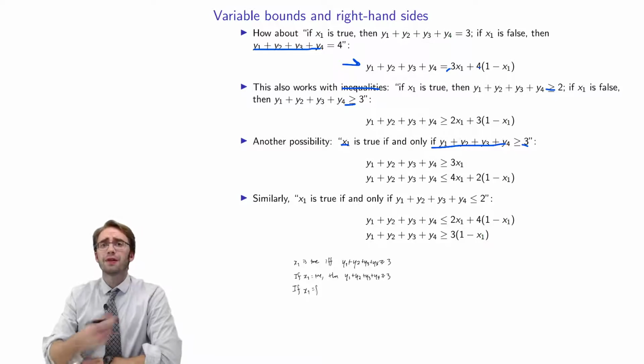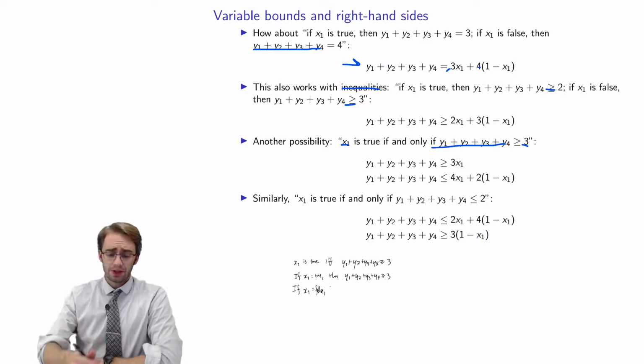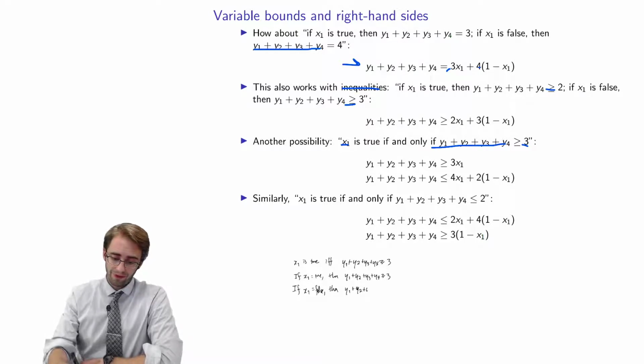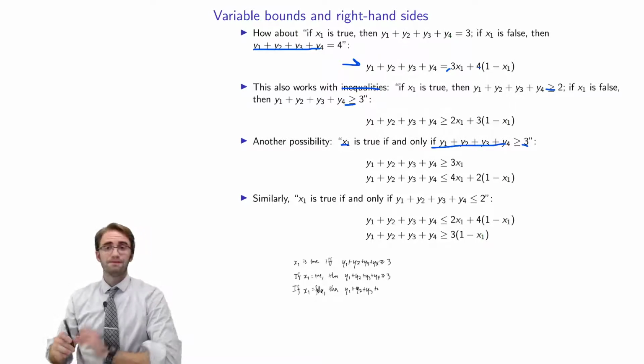We're going to assume that these y's are all integer variables. So if you're not greater than or equal to 3, then you're strictly less than 3, which, if the y's are all integers, means they're less than or equal to 2. So then y1 plus y2 plus y3 plus y4 is less than or equal to 2.